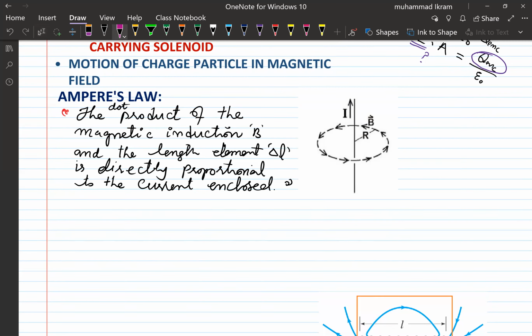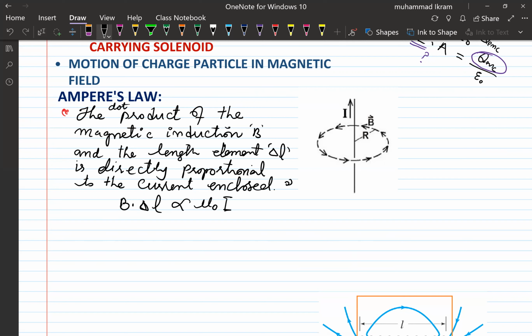So mathematically we can write that B dot delta L is directly proportional to mu naught times the current enclosed by the circuit, right? It is like this one.